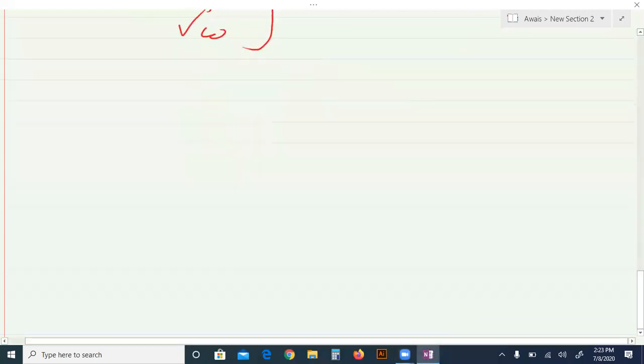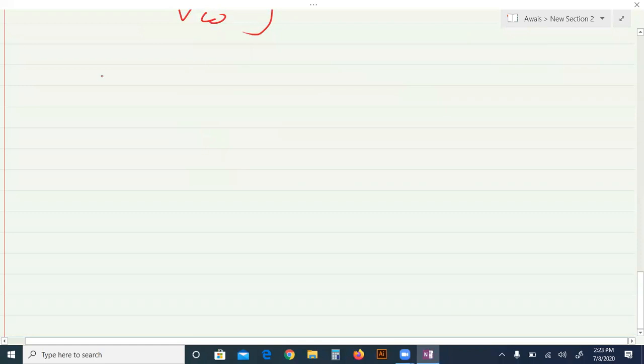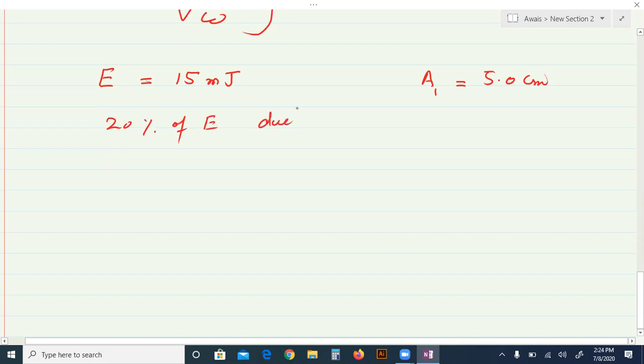Okay, now suppose an example of the pendulum. If the initial energy of the oscillating system is 15 millijoule when its initial amplitude is 5 centimeter, after losing 20% of energy due to resistive forces, what will be the new amplitude?